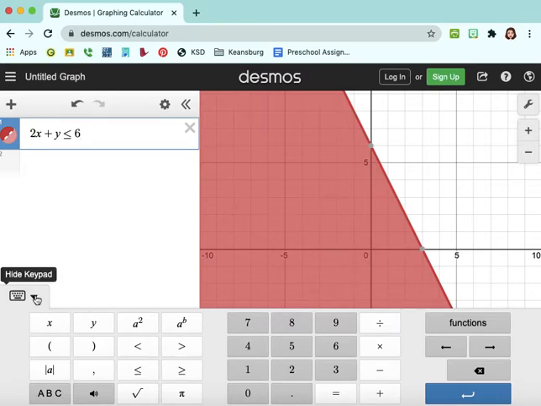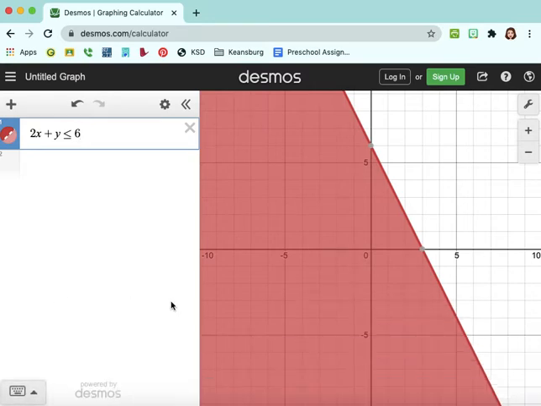And you'll notice that when I graph this, it looks similar to how a line looked. The only difference is it's shaded part of the graph. So not only did it draw us a line, it also shaded the part that was less than 6 for us.